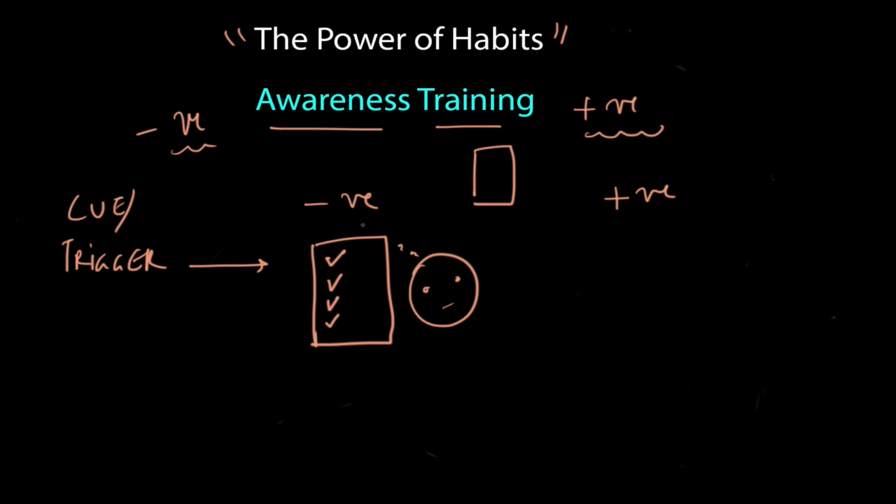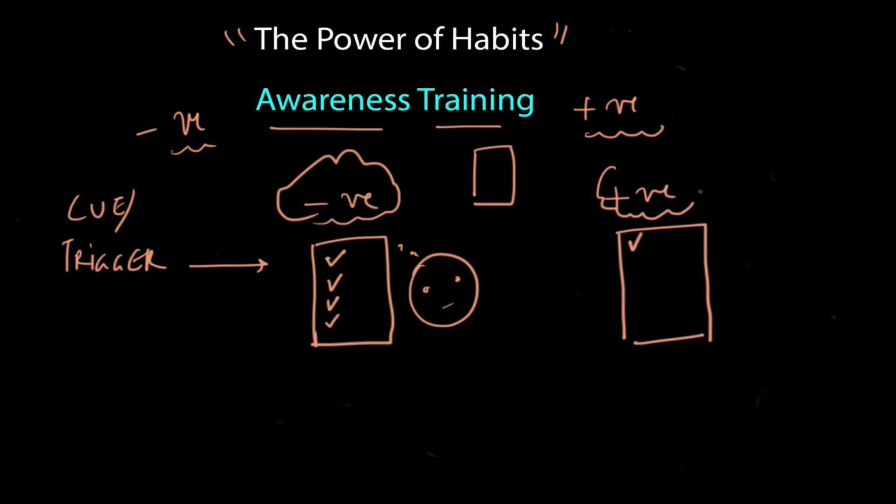Once you've trained yourself to become aware of this behavior, now you can replace it with positive behavior. And the way to do it is, again, to carry around an index card, and every time you feel the cue, you're going to put a check mark. But now you're going to do something more profound. You're going to also replace the negative behavior with the positive behavior, and every time you do the positive behavior, you're going to put a hashtag or some sort of mark that indicates that you actually made progress.